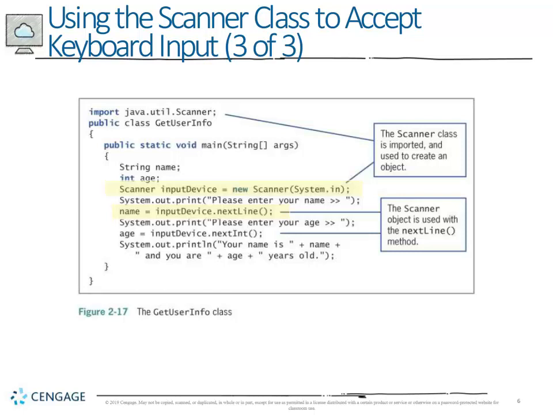So System.out.print, we will output a message and say "Please enter your age." Then age equals inputDevice.nextInt(). It will retrieve the input as an integer. In the last line, System.out.println will print out "Your name is" the value in the name variable, "and you are" the value in the age variable and "years old".